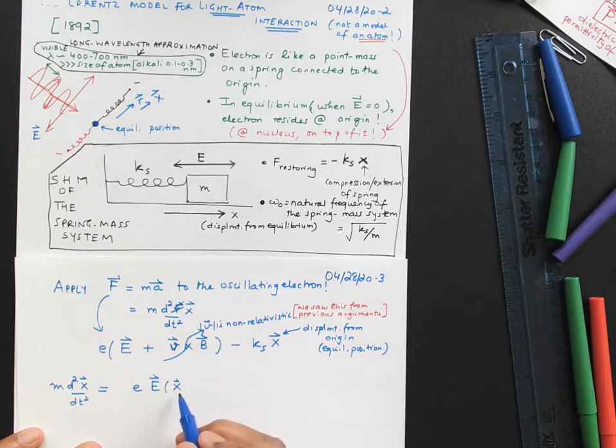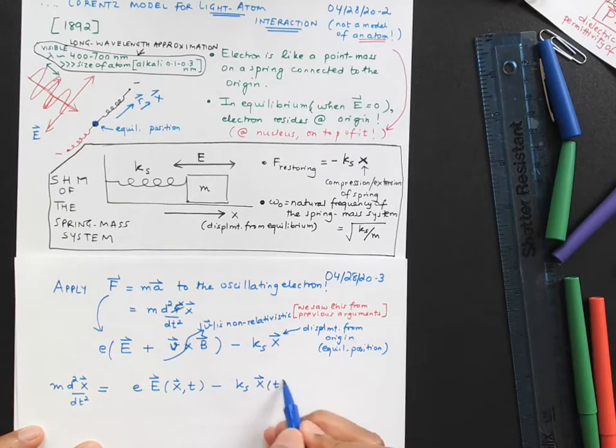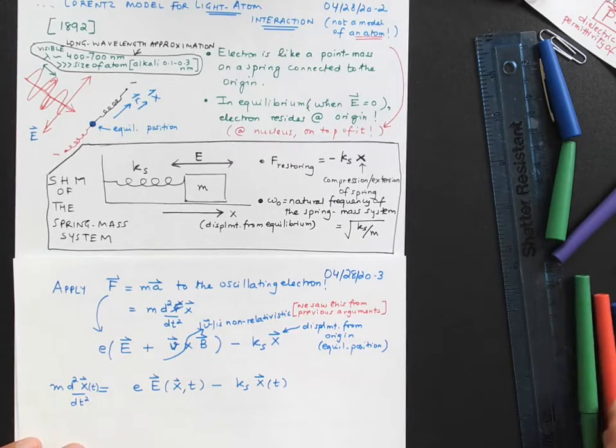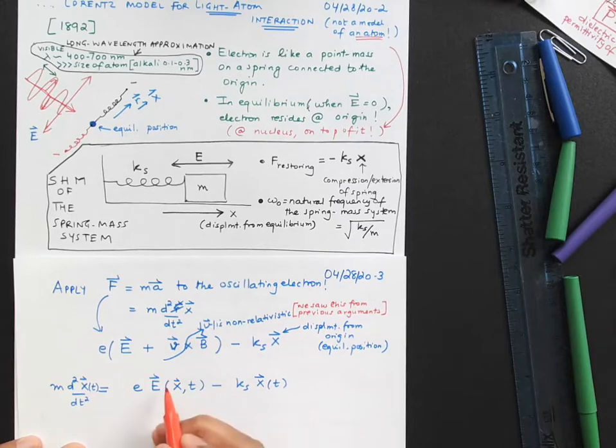Now let's be careful. x and t, let me write it out and then I'll tell you. Minus k_s x. And this is a function of t. I want to be careful here.